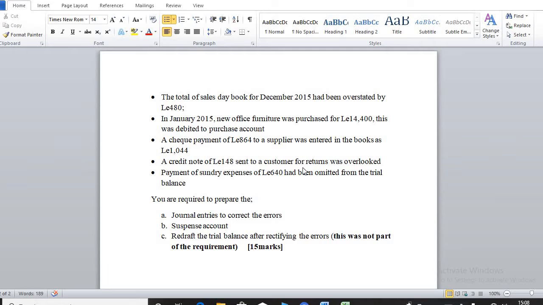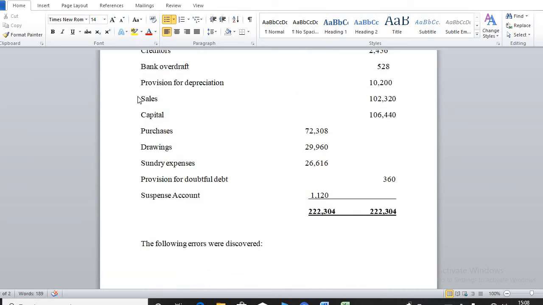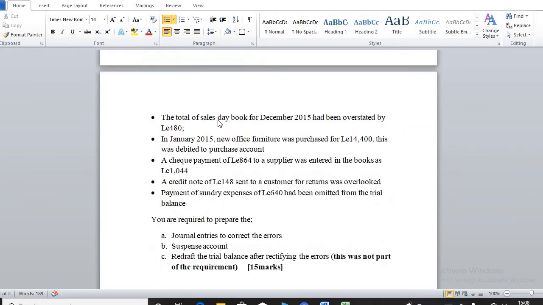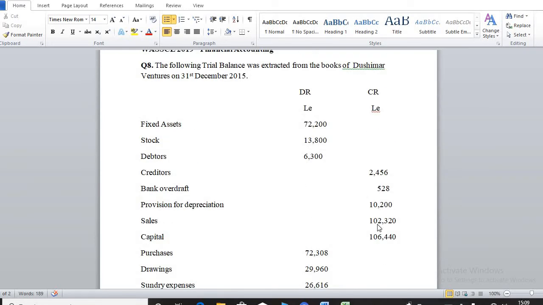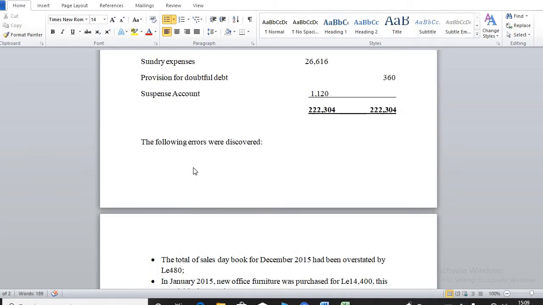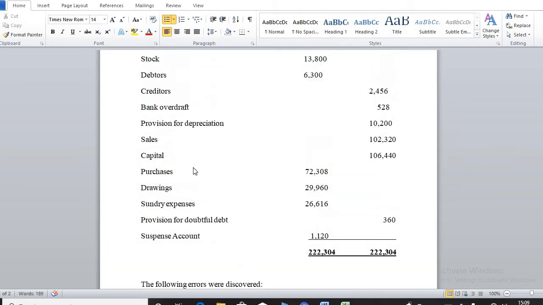And here, the accountant didn't consider this note that was issued out of the business, meaning the sales figure that you see here, which is 102,320, has been overstated by 148, because an amount of this has been excluded from this figure. And then the debtors figure too, do we have debtors here?